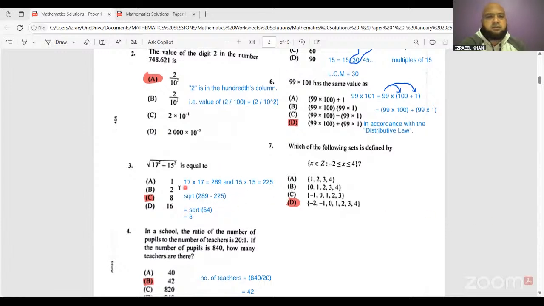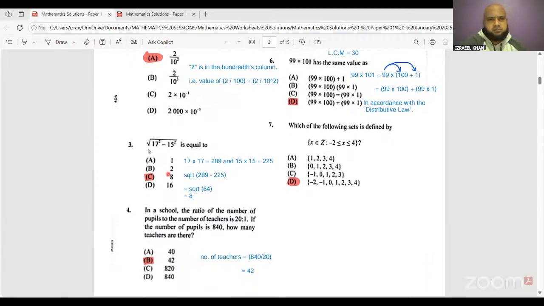Going on to question 3, we're looking at the square root of 17 squared minus 15 squared. I hear comments where people say they don't need to learn their timetables. You need to know your timetables, 1 to 12, and I also suggest students learn the 15 timetable and the 17 timetable. And lo and behold, the question has this: what is 17 by 17? Remember, paper one, you're not allowed to use a calculator, so your mental had to be sharp, or you had to be quick on paper doing your working.